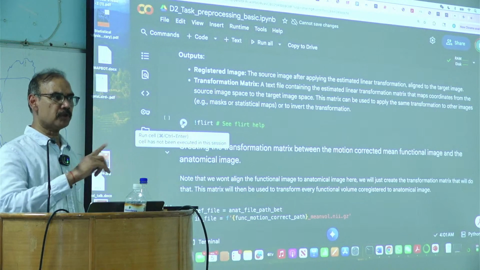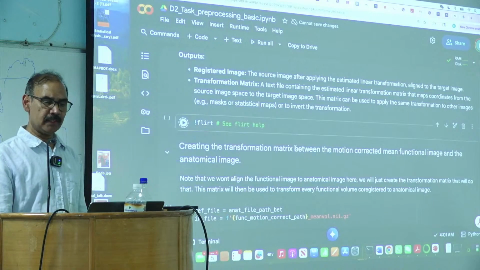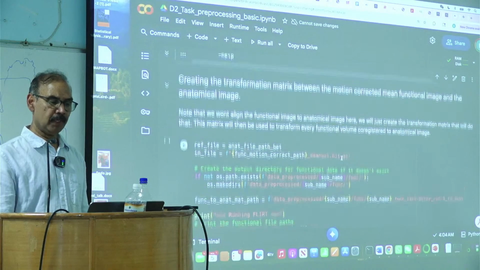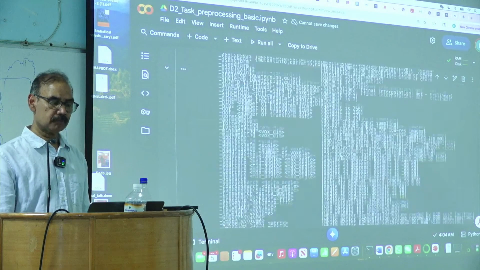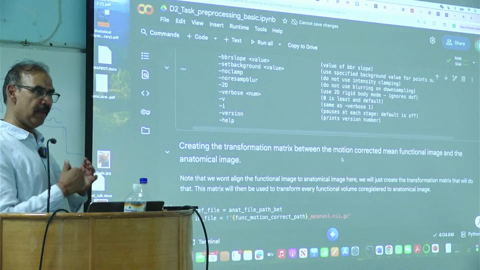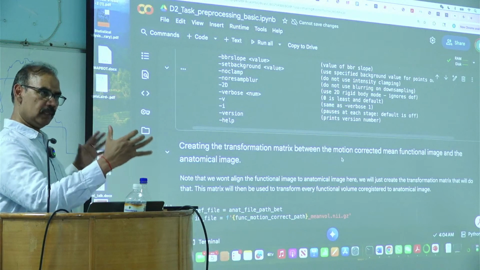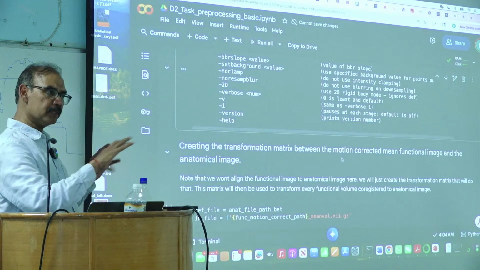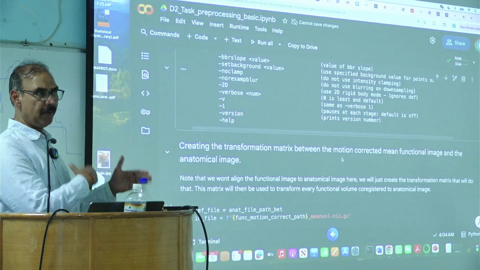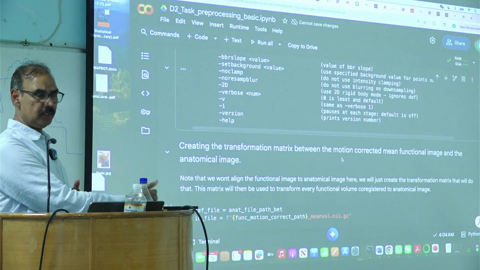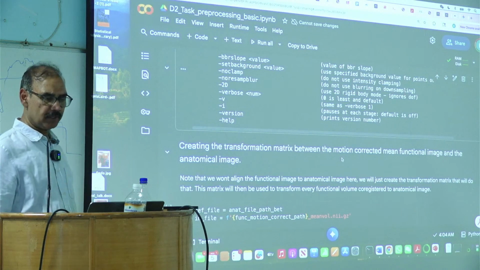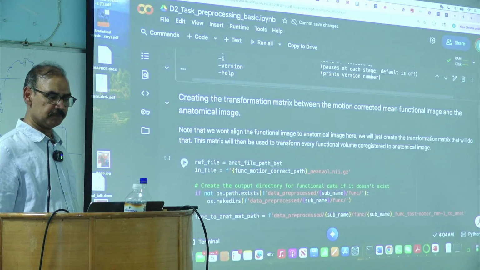So this is for the functional data. The next is we will do a registration between the anatomical and the functional. So first, we make sure that the functional data is good, there is not much motion. Then we compare the mean functional data with the anatomical data, and then do whatever registration is needed.